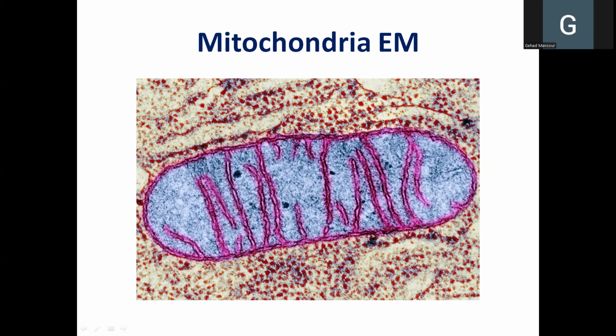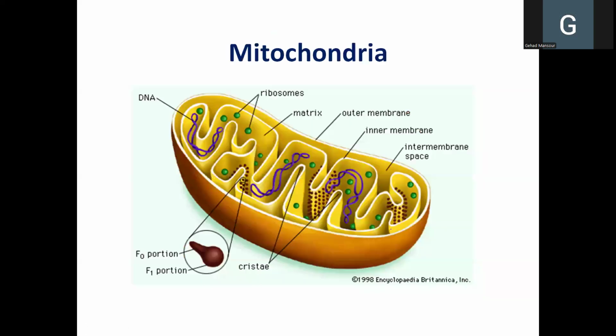You can see, of course, the outer membrane. You can see the folds or the cristae, the inner folds, and you can see all around the ribosomes, the cytoskeleton, and other structures of the cell. Again, this is a picture of the mitochondrion.